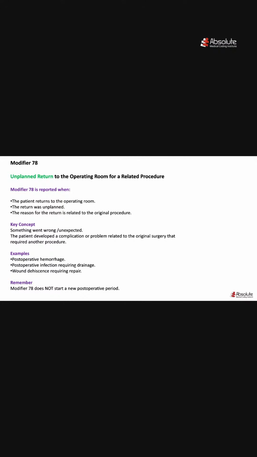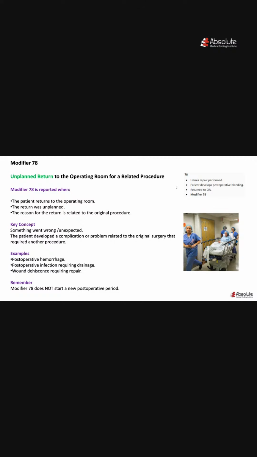Examples: postoperative hemorrhage, postoperative infection requiring drainage, wound dehiscence requiring repair. And remember this, Modifier 78 does not start a new postoperative period. So think 78, unplanned return to the OR.